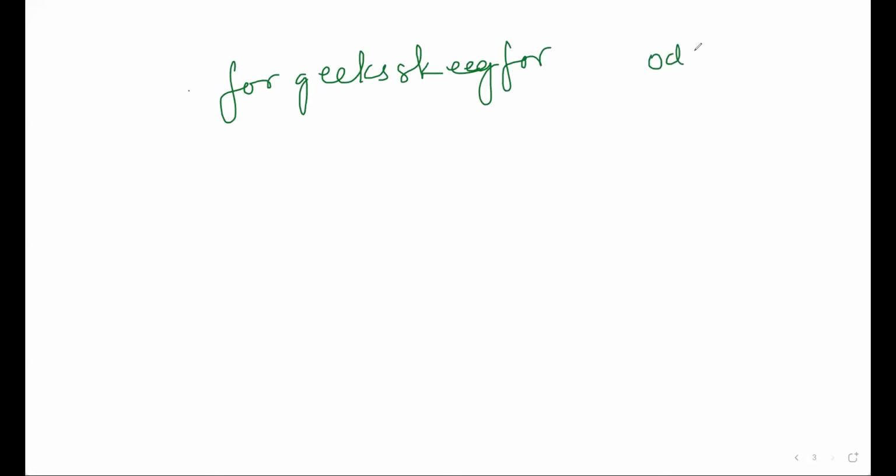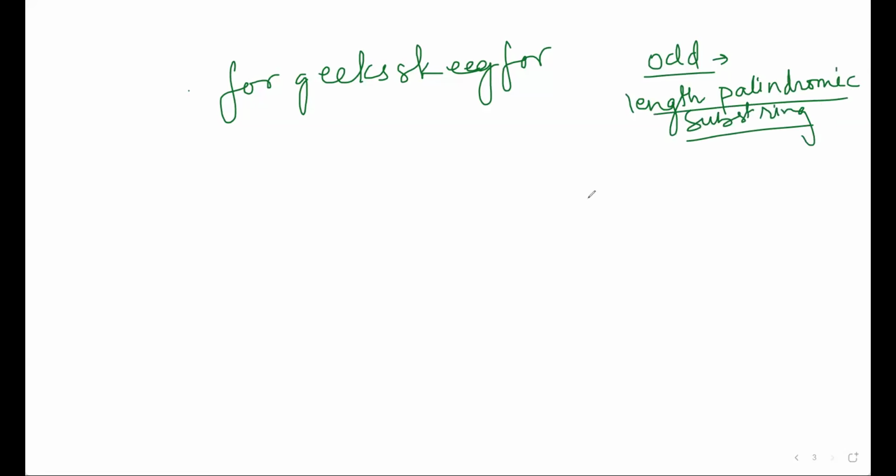Now, for odd length palindromic substrings, we have one example like this, then we have one example like A, B, A, D, D, something like this.